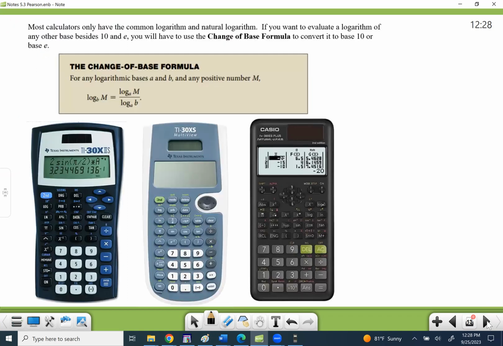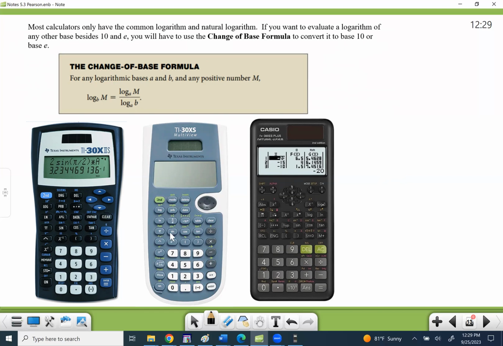Okay. So I just took a picture of a couple other calculators that are popular to show you one of the many pros to this calculator. Over here, if you have this one, here's your common logarithm and your natural logarithm. But these are the only 2 log buttons on this calculator. There are no other log buttons. So what that means is we can only do log base 10 and log base e. We can't do log base 2.